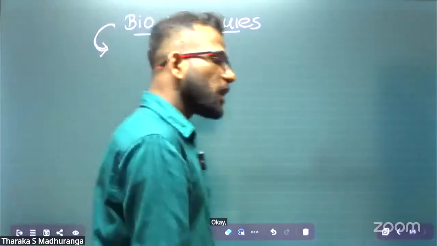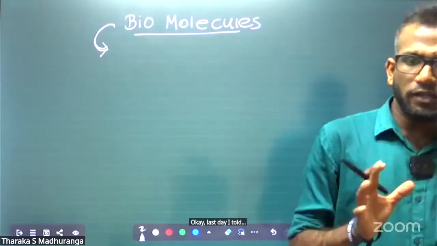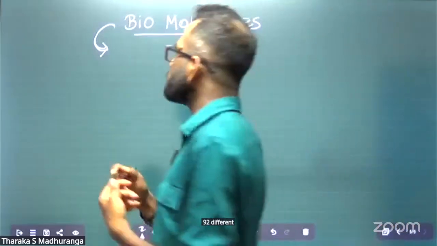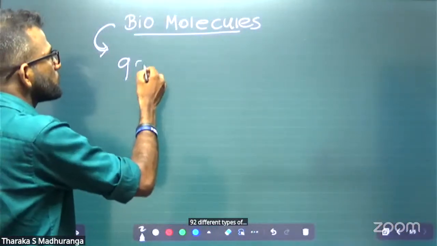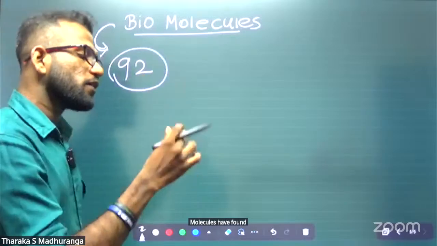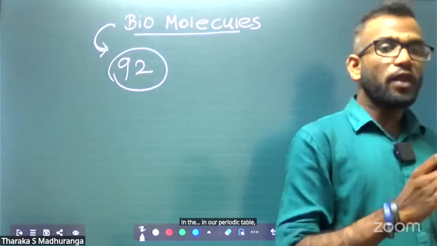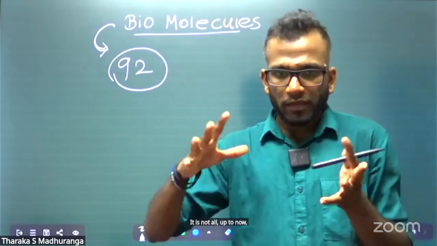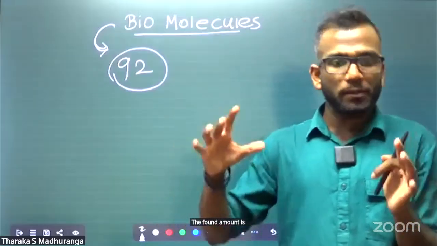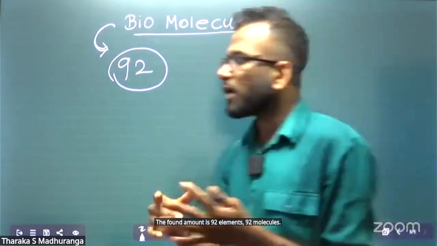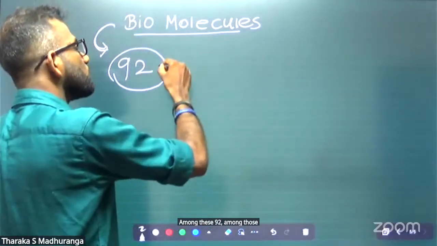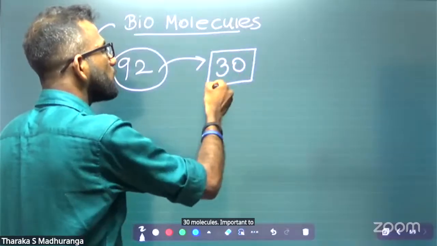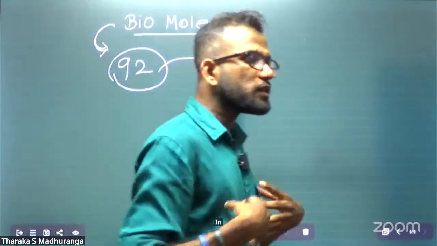Last day I told that worldwide 92 different types of elements have been found in our periodic table. It is not all; up to now, the found amount is 92 elements. Among those 92, 30 are important to produce biological structures. In our body, 30 elements are contained.